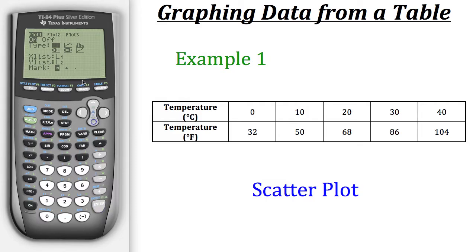Now here, the next option is there's a few different types of graphs we could do. Well, for us, we just want to stick to a scatter plot, which is the default option on the calculator. So we could just leave it how it is. Now as well, here it has XList and YList.